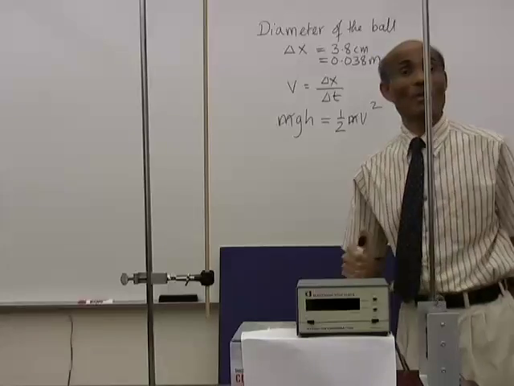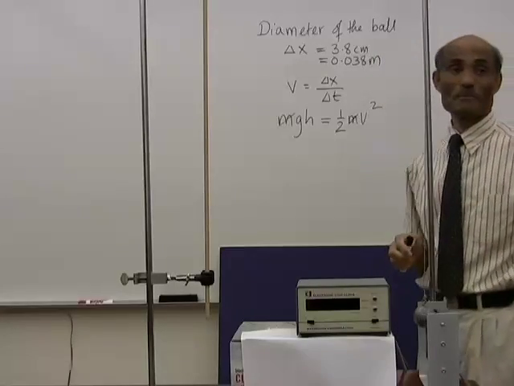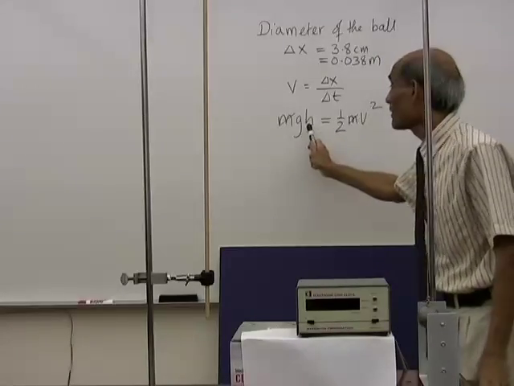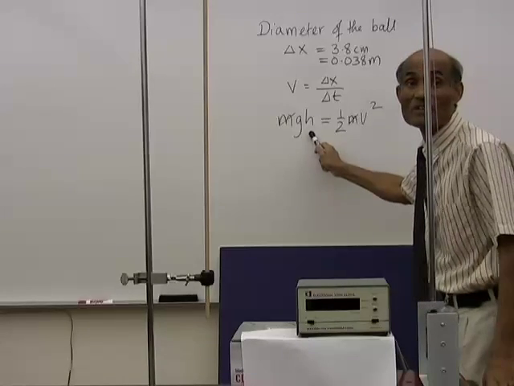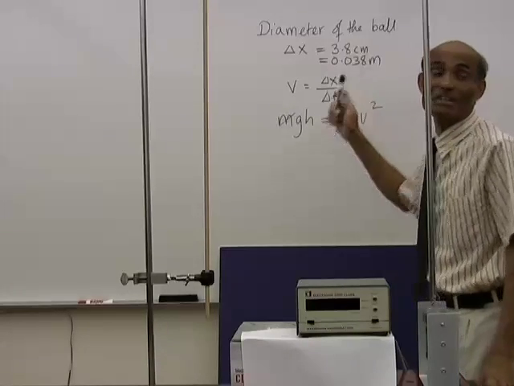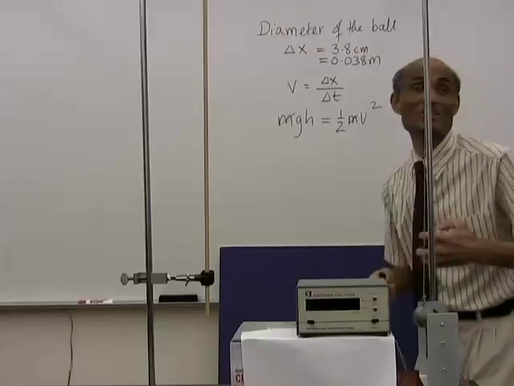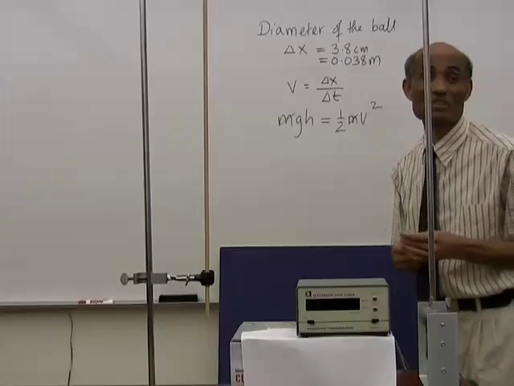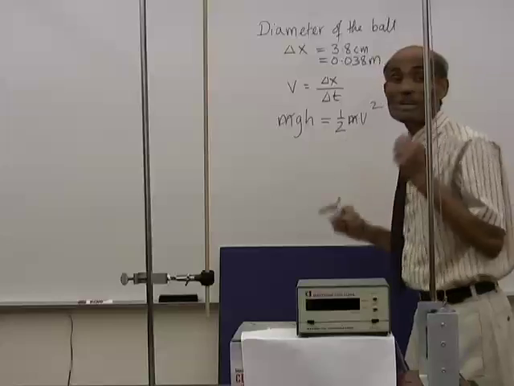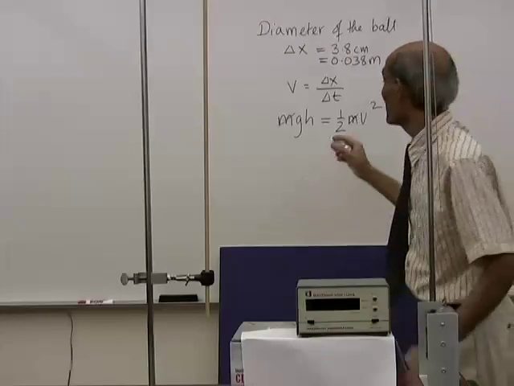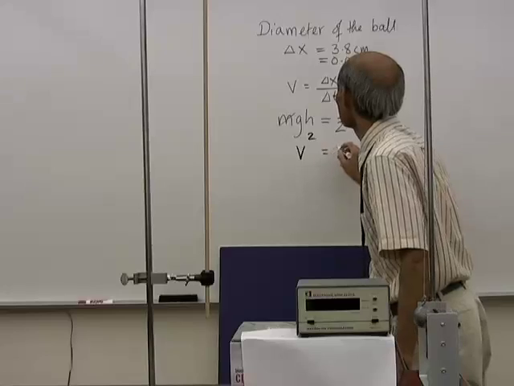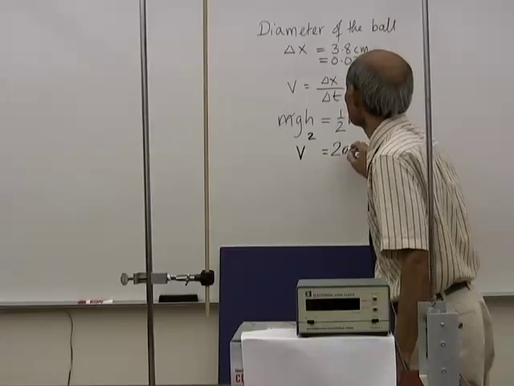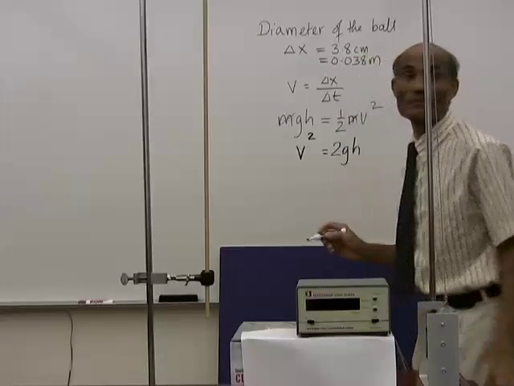Well, tell me, what are the variables here? The variables are h and v. You change h and v also changes with the value of h. So, since v is the dependent variable, I can write it like this: v squared equal to 2gh.